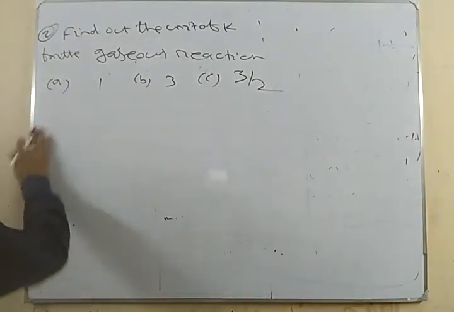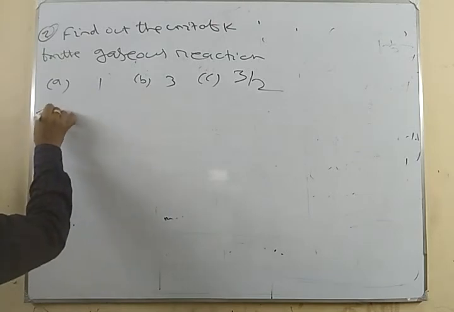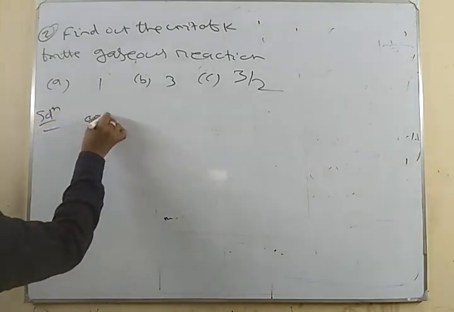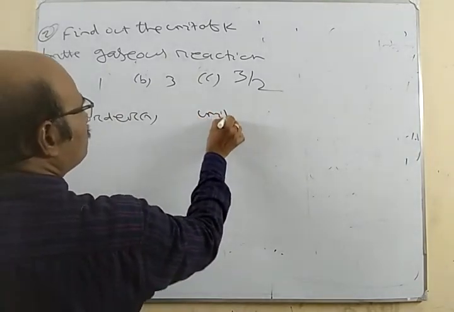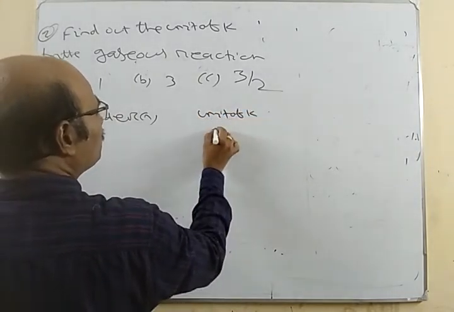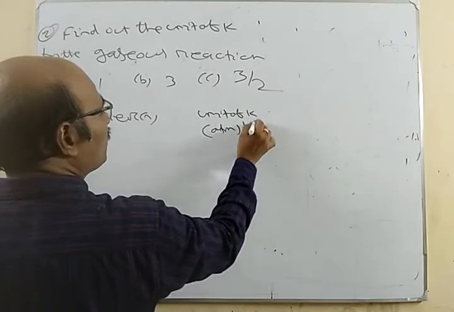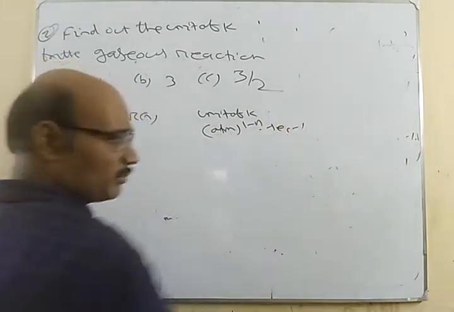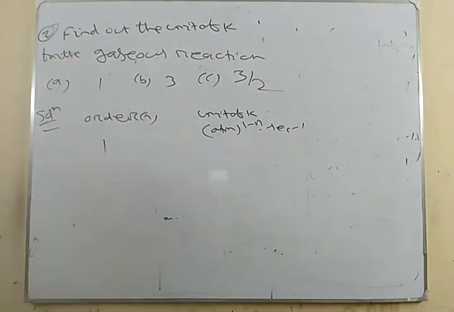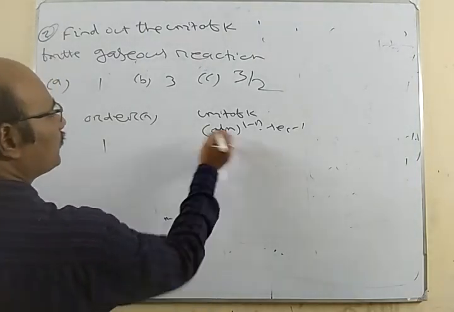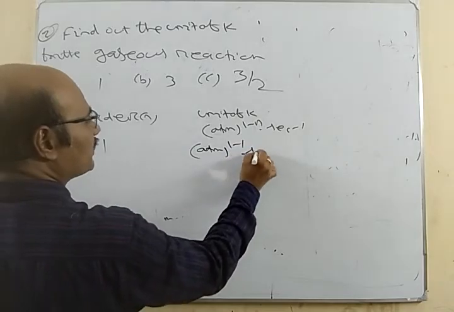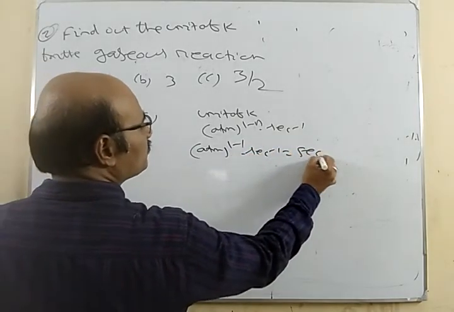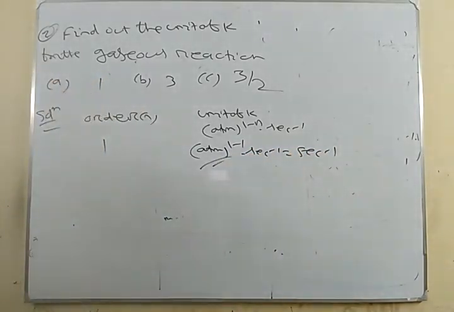Now say order n. Unit of K equals atmosphere power 1 minus n into second inverse. So for order 1, the unit of K is atmosphere power 1 minus 1 into second inverse, equal to second inverse.